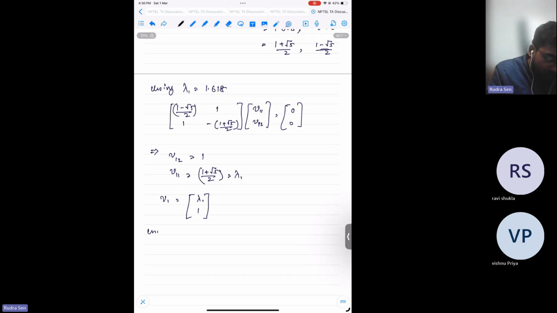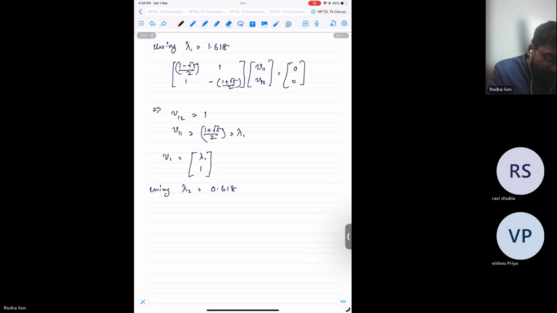Now using lambda 2 equals 0.618. So if 0.618 or something like 1 plus root 5 by 2, this is 1 minus root 5 by 2.